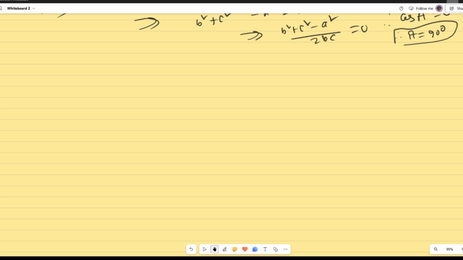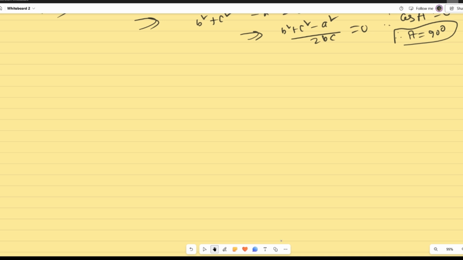So what is given in this triangle? It is given that AB equal to AC equal to 15, and this one is given to be 10.